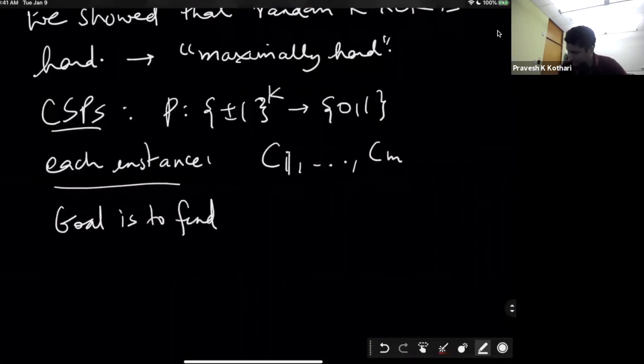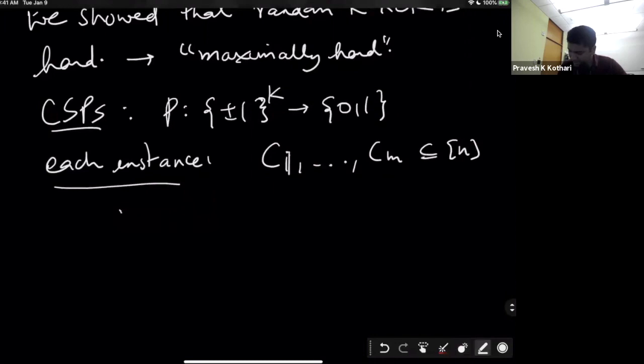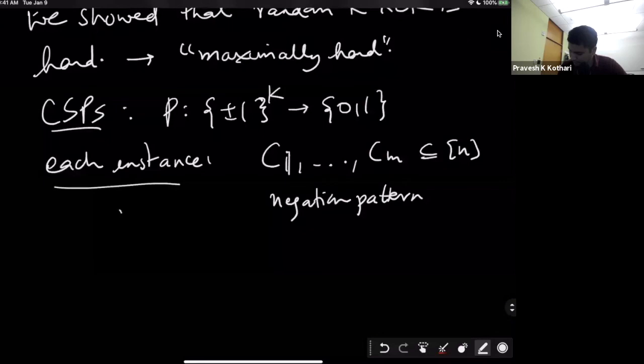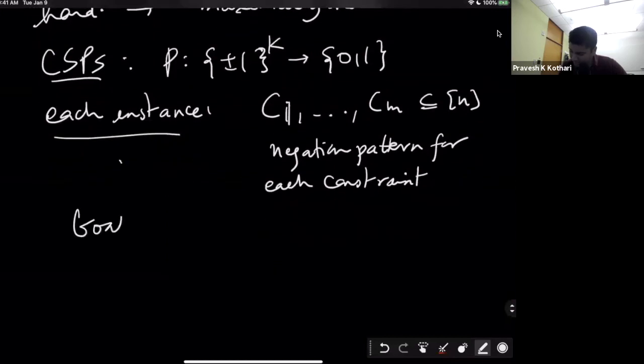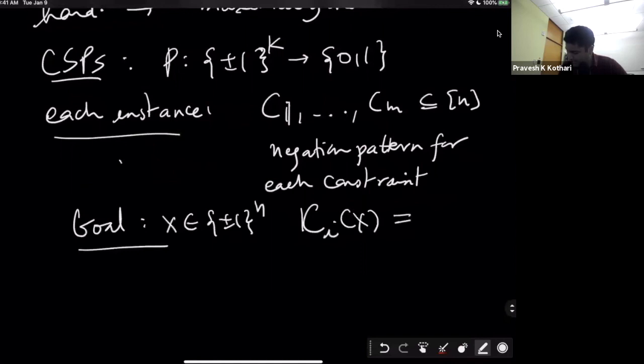These are subsets of n. Each of them has some negation pattern. Let's ignore it. And then the goal is to find x in the set of assignments such that Ci of x is satisfied. So more concretely, the predicate P is satisfied.